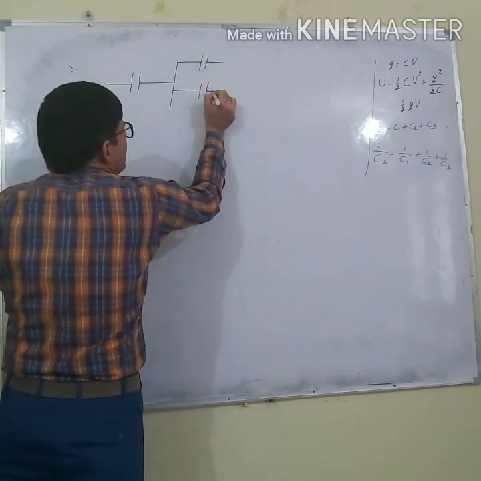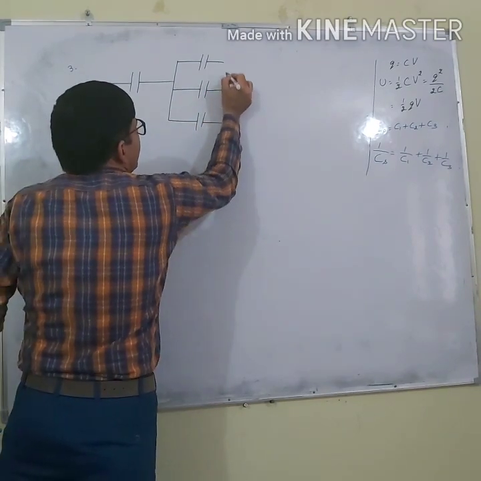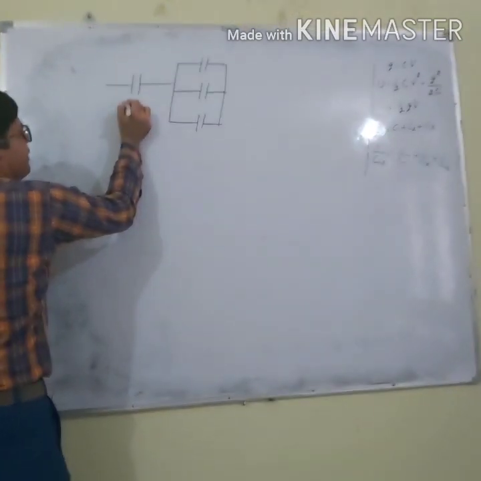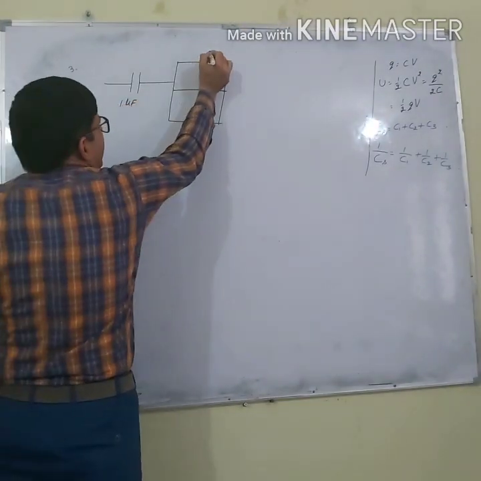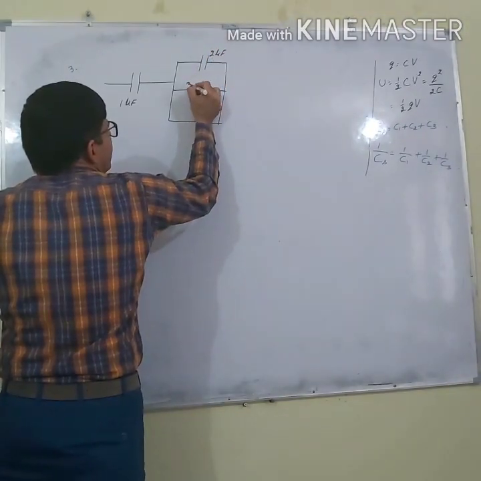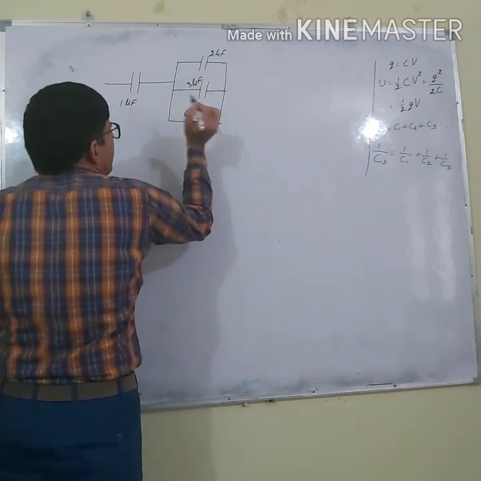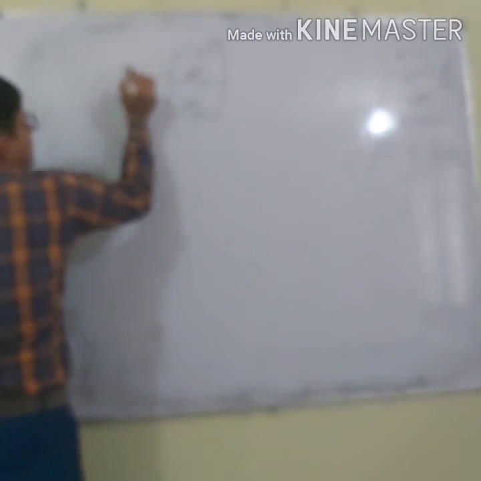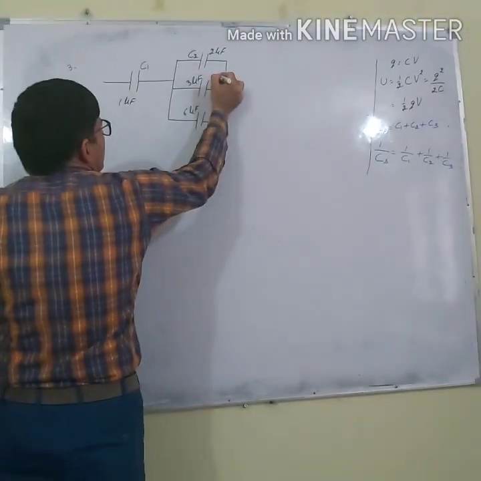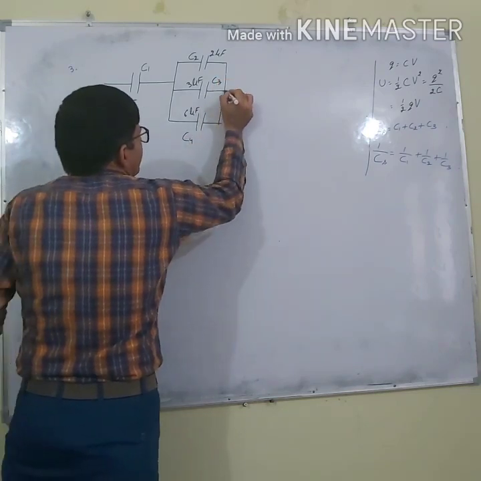This is a combination of capacitors given here, and let us say its capacity is 1 microfarad, its capacity is 2 microfarad, its capacity is 3 microfarad, and its capacity is 6 microfarad. Let us say this is capacitor C1, capacitor C2, capacitor C3, and this capacitor is C4.